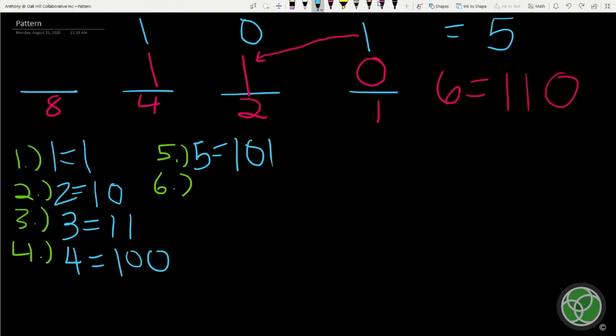So I'm going to start by looking at the places. 4, 2, 1. I know that 4 plus 1 is 5, so that's not quite big enough to equal 6. But I know that 4 plus 2 equals 6, and so I'm going to take those numbers and multiply out with the slots that I have turned on.